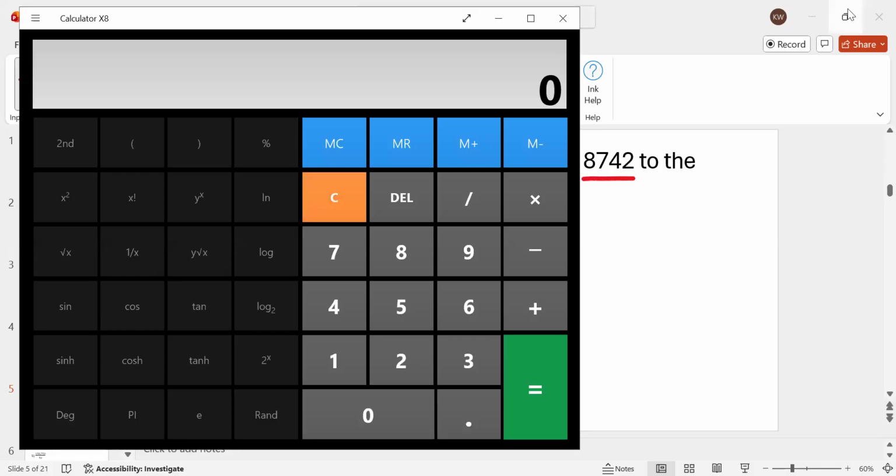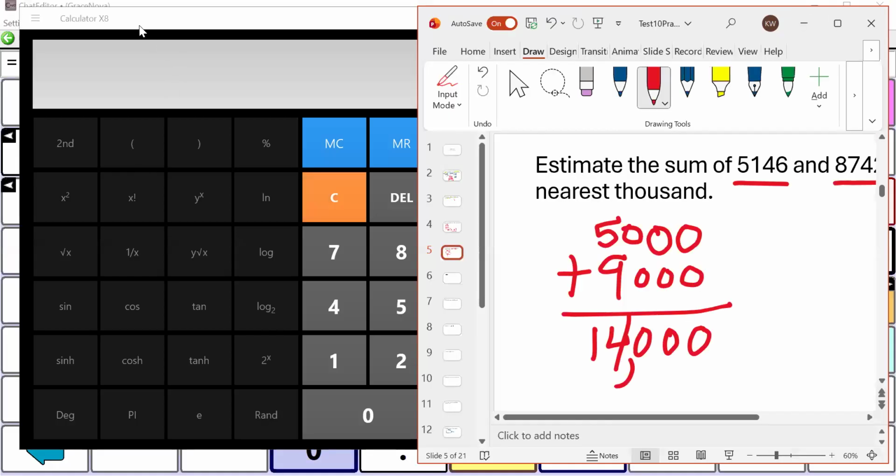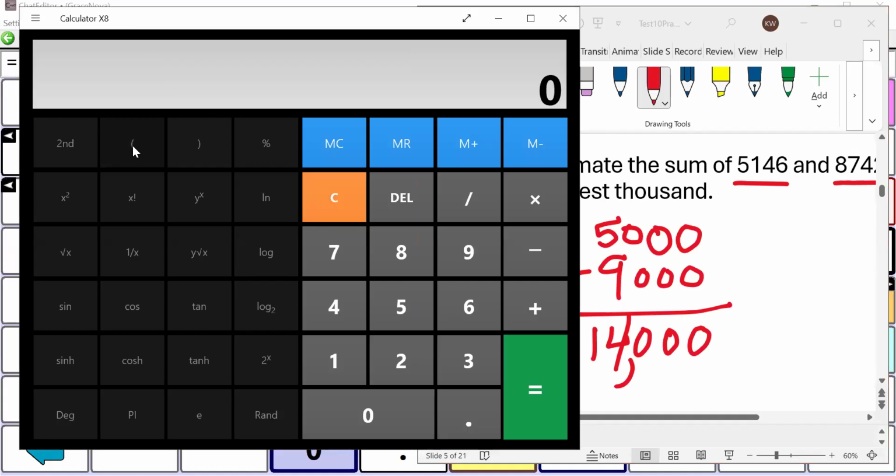So if you were trying to show that over here, I would probably say, okay, the first part, I round it, I'm going to say 5,000 and parentheses. And then the second part, I'm going to round that one too to 9,000, nearest thousand, and hit enter, and I get 14,000.